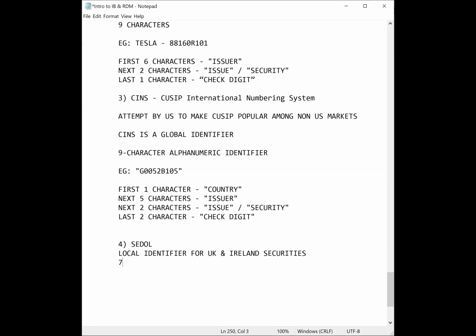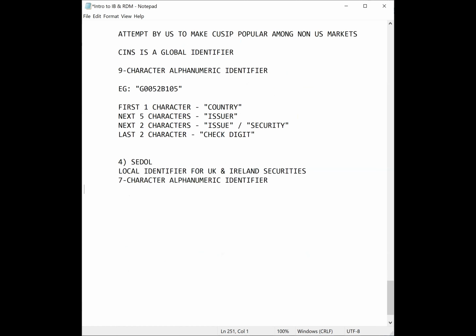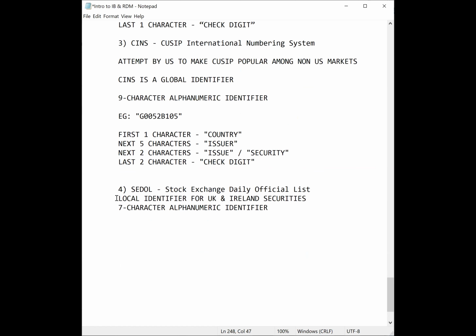It is a 7-character alphanumeric identifier. So guys, if you know this much, then it's fine. Also, if you can tell me the full form, that would be great.